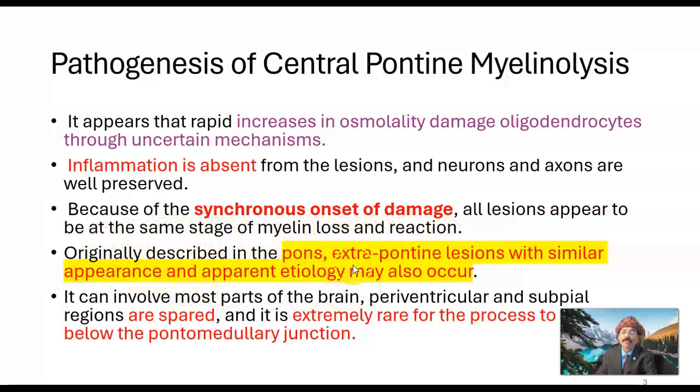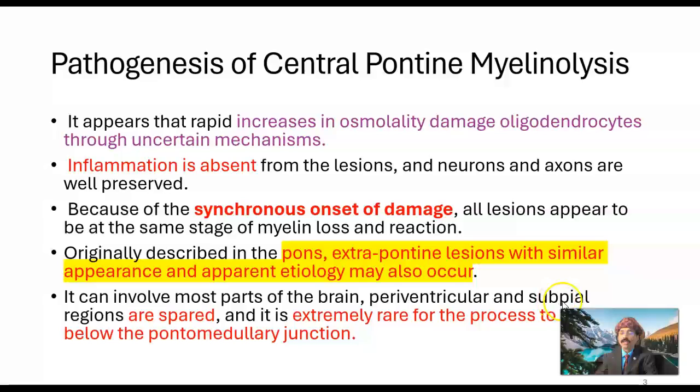Originally described in the pons, extrapontine lesions with similar appearance and apparent etiology may also occur. So it is not always in the pons. Other parts of the brain or central nervous system may be affected. It can involve most parts of the brain.